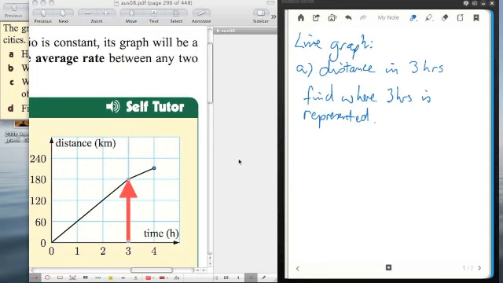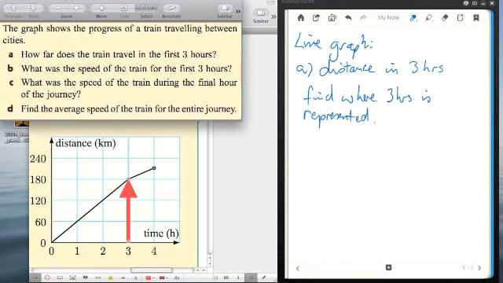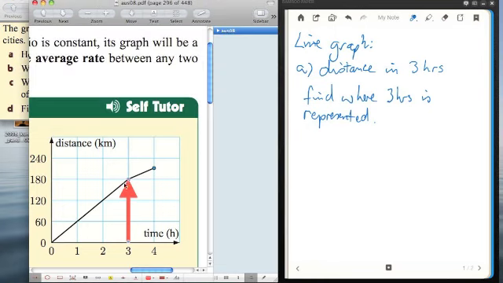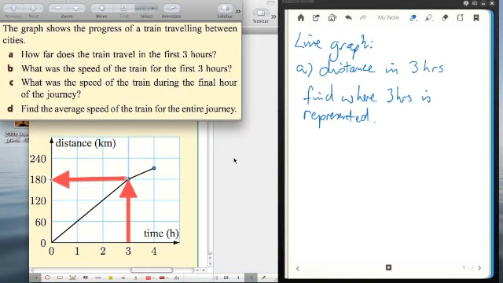Now we've done that, and that point is just here. But we need to find out how far it travels. So we need to go from that point, and we then draw another arrow all the way across to the edge of the graph. And that is going to give us 180 kilometers.